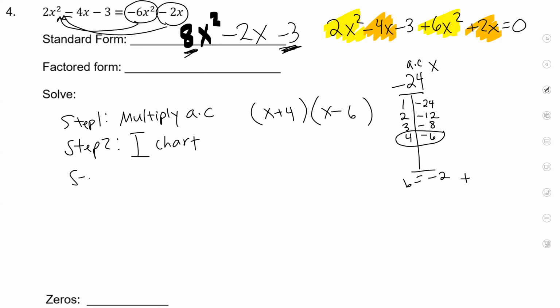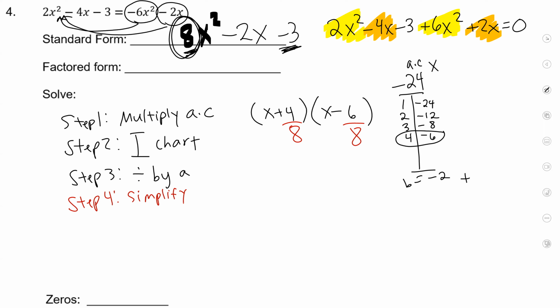Step 3 is to divide by A. And in the beginning, this is my A value, 8. So I'm going to divide by 8. Step 4, simplify. So I'm going to divide this by 4, divide this one by 2.